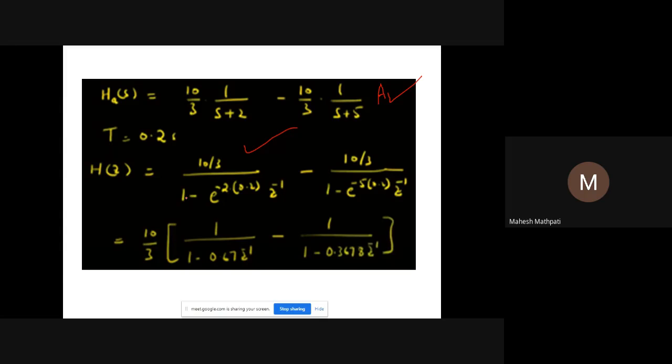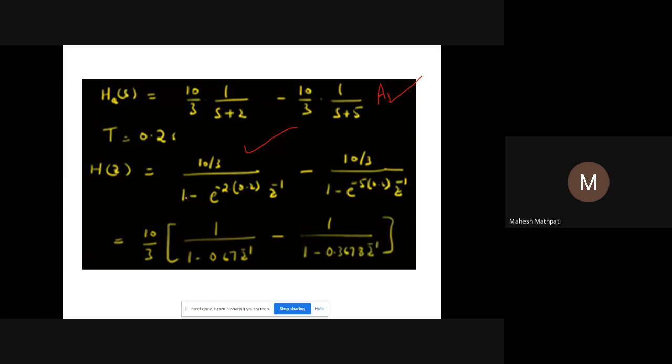Minus 10 by 3 as it is, divided by 1 minus e power p2. What is the value of p2? It is minus 5, multiplied with 0.2 into z power minus 1.